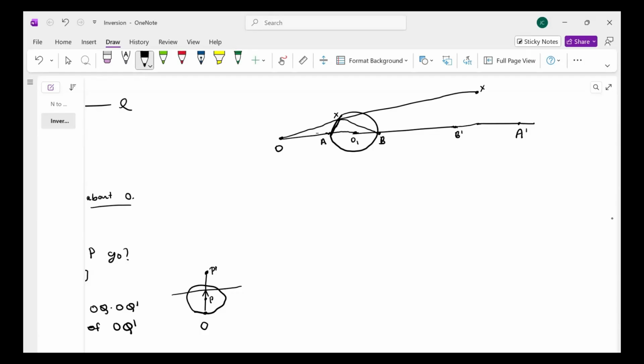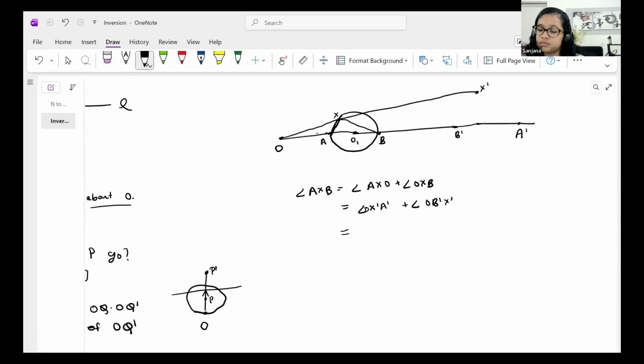Angle AXB is equal to angle AXO plus OXB. So that's angle X prime A prime O plus angle OB prime X prime.